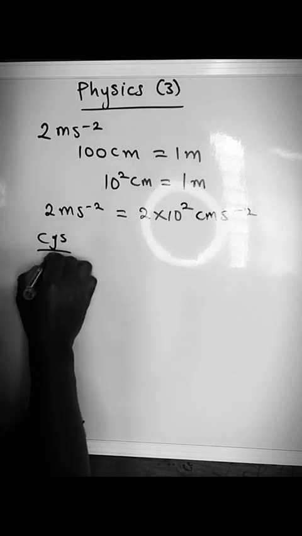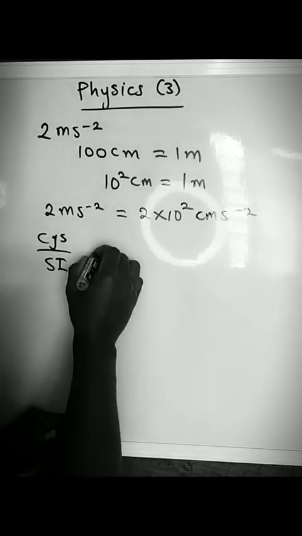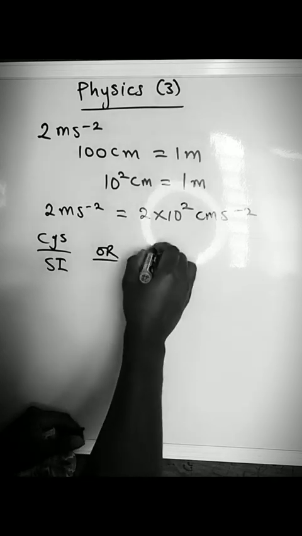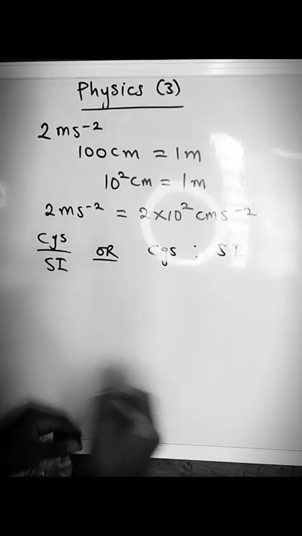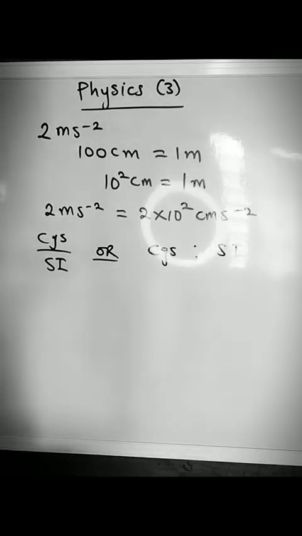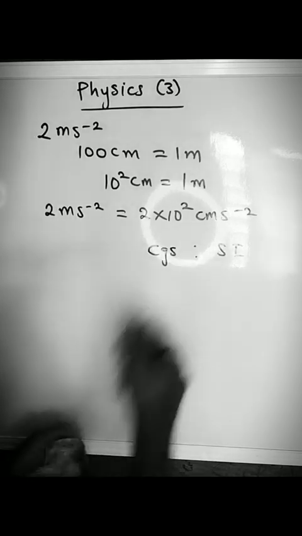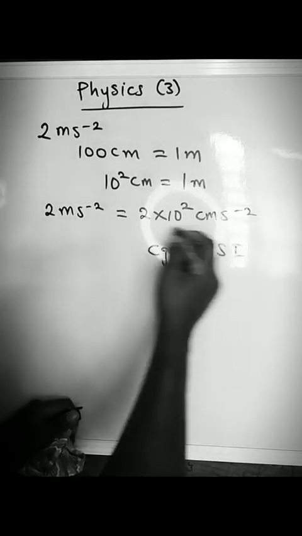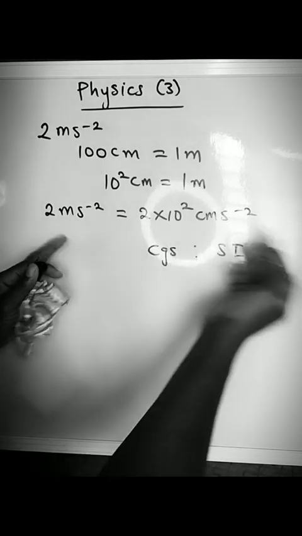That would be CGS per SI. Or let's come up with something different this time around. You can as well say CGS ratio SI. Okay, I think this is better. In this case, for the CGS, it is 2 times 10 to the power 2. That's the magnitude. Now let's ignore the units.